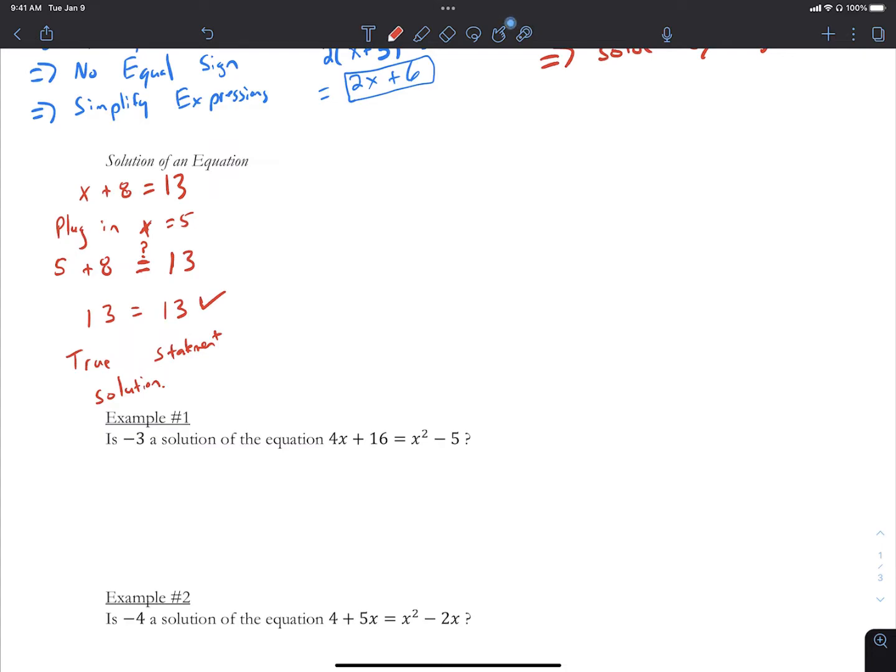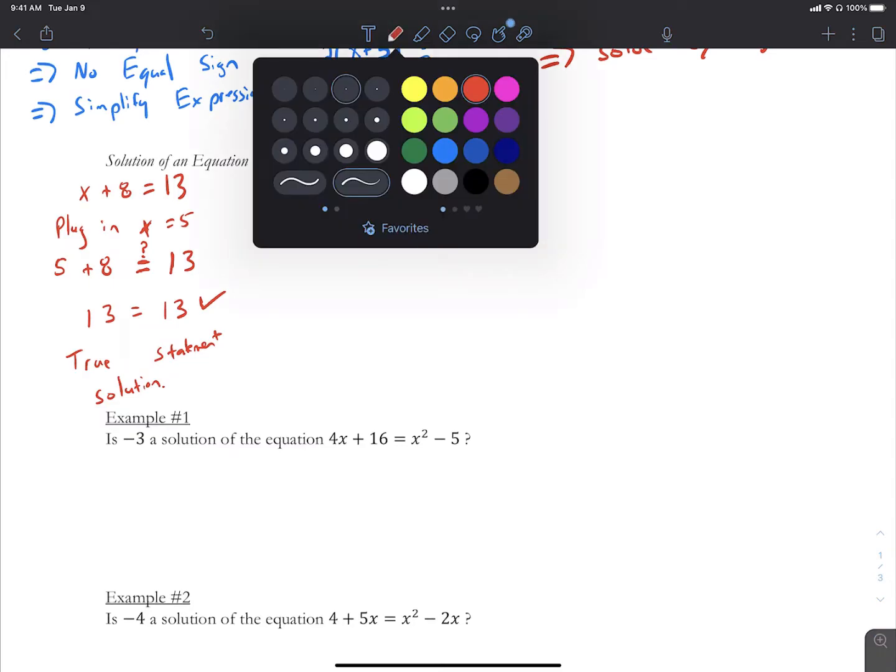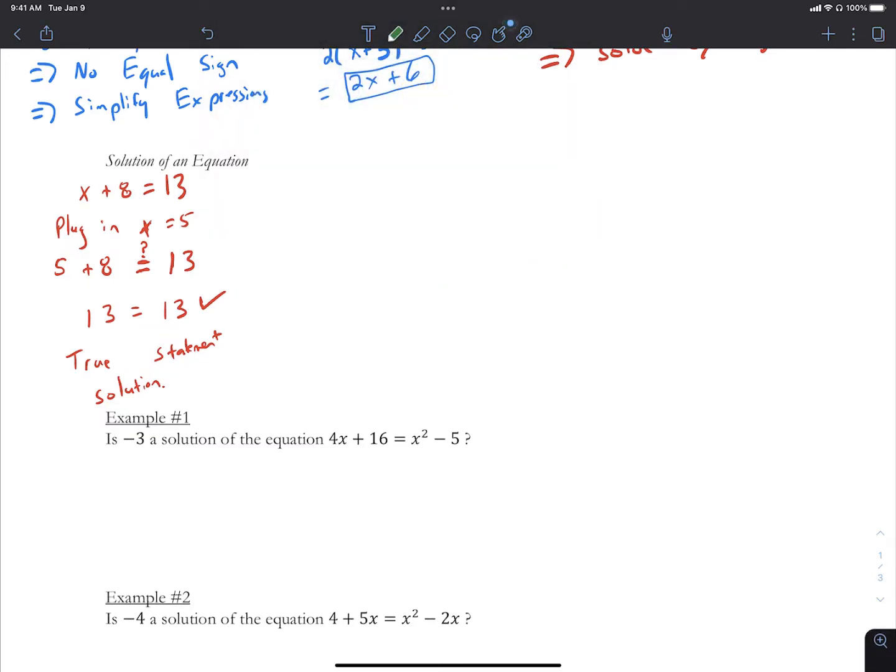And I just mentioned some terminology. I want to make sure that you know what I mean by left-hand side and right-hand side of the equation. So let me change the color here, maybe to green. If I have the equation x plus 8 equals 13, this side on the left is known as the left-hand side, and this side on the right of the equal sign is known as the right-hand side of the equation.